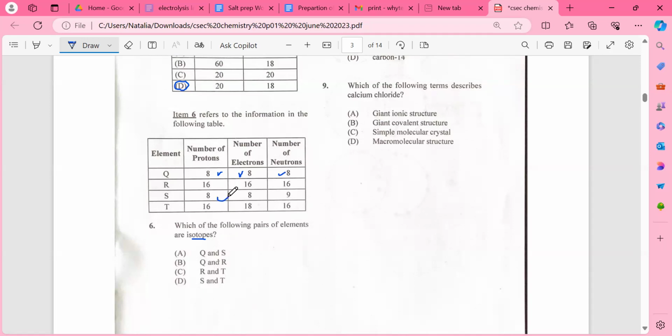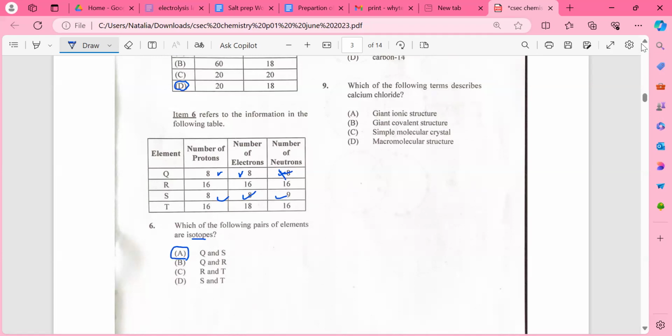Let's look here. It's not Q because the number of neutrons is 8 and this is 9. So yeah, these two are isotopes: Q and S. What is wrong with me?